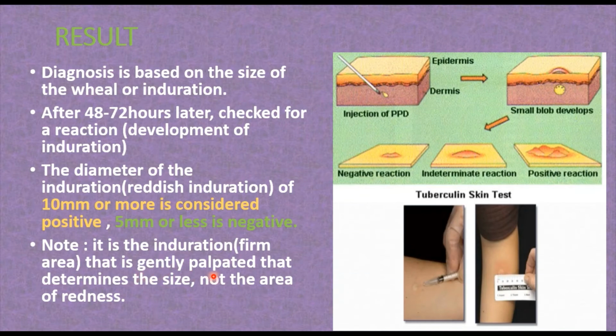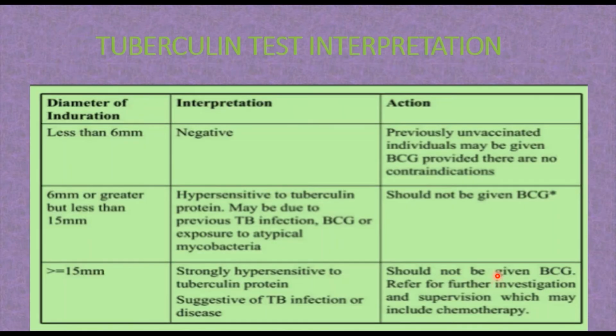Note that the induration should be a firm area, gently palpated, that determines the size, not the area of redness. You should not measure the whole redness. Only the swelling area, that is the edema, and the hardening is what you are supposed to measure as the size of this wheal or induration.